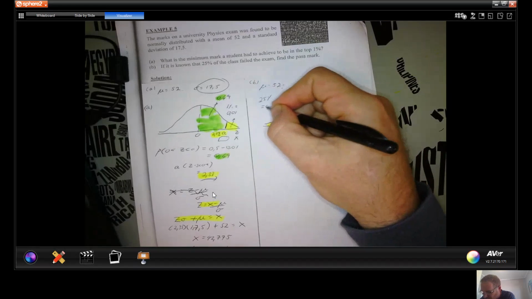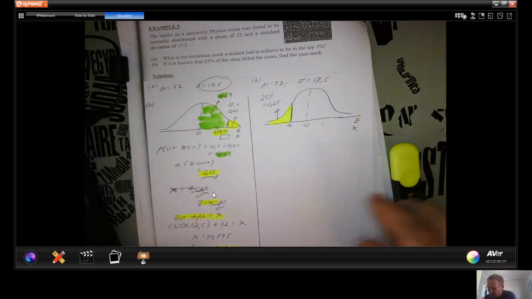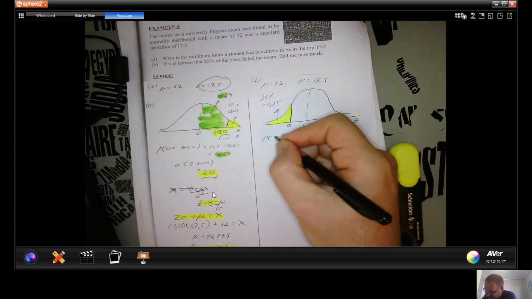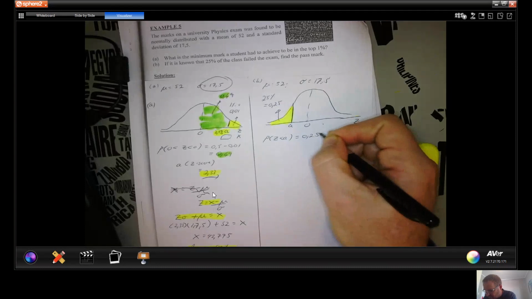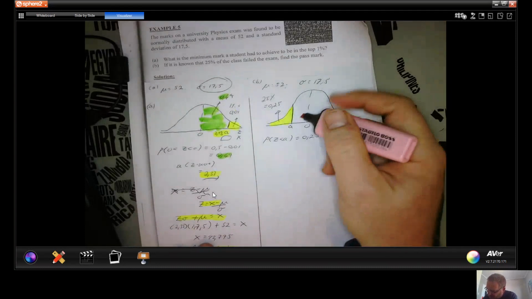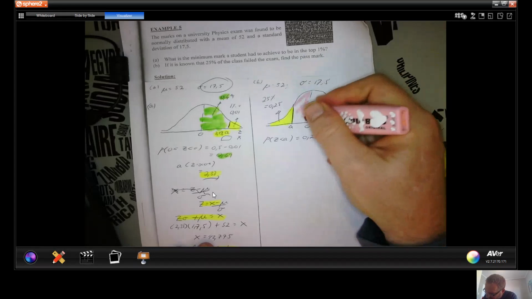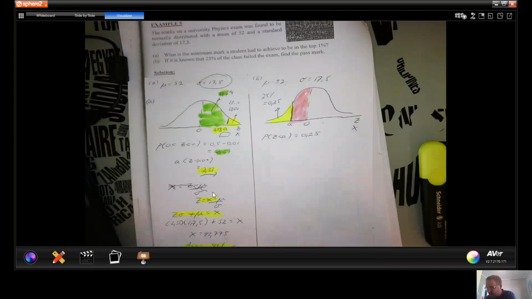In other words, 0.25. Okay, so we want the probability that Z is less than A to be equal to 0.25. But the table can't deal with that. The table can find us the pink area though, and then I'm going to use symmetry.